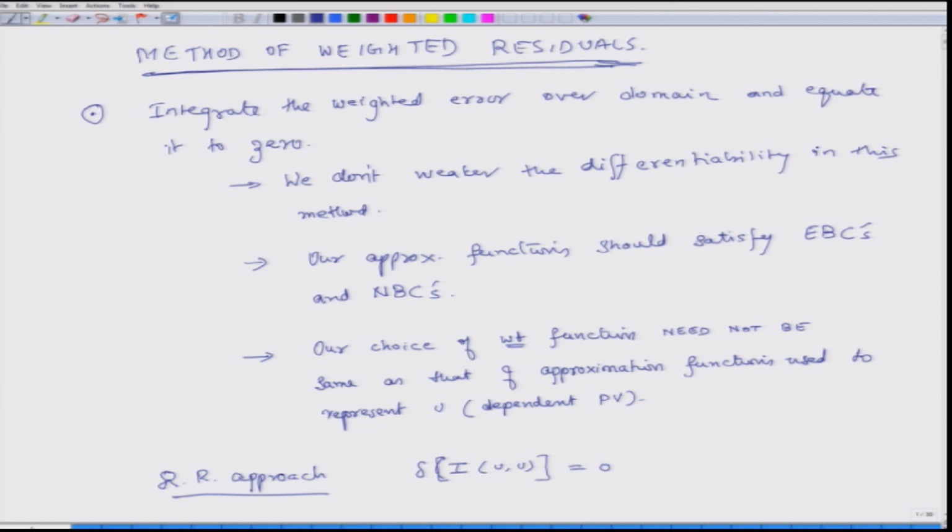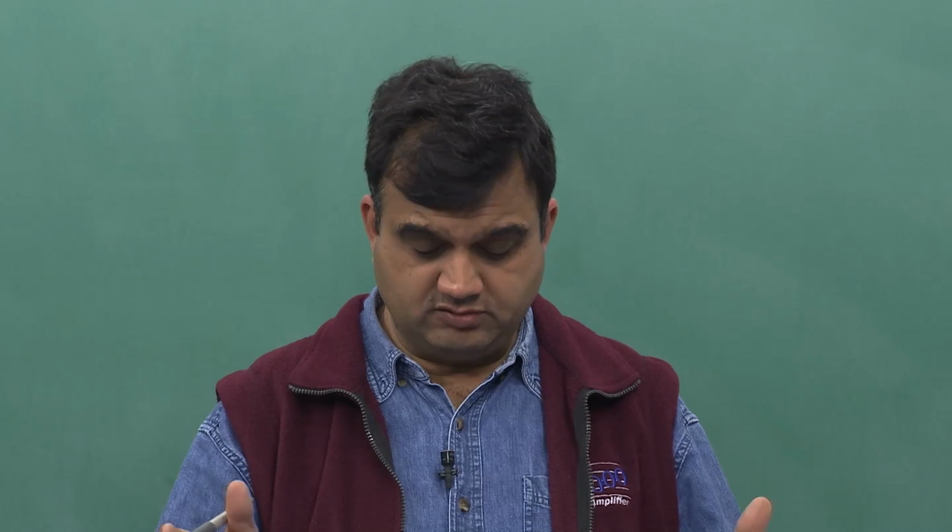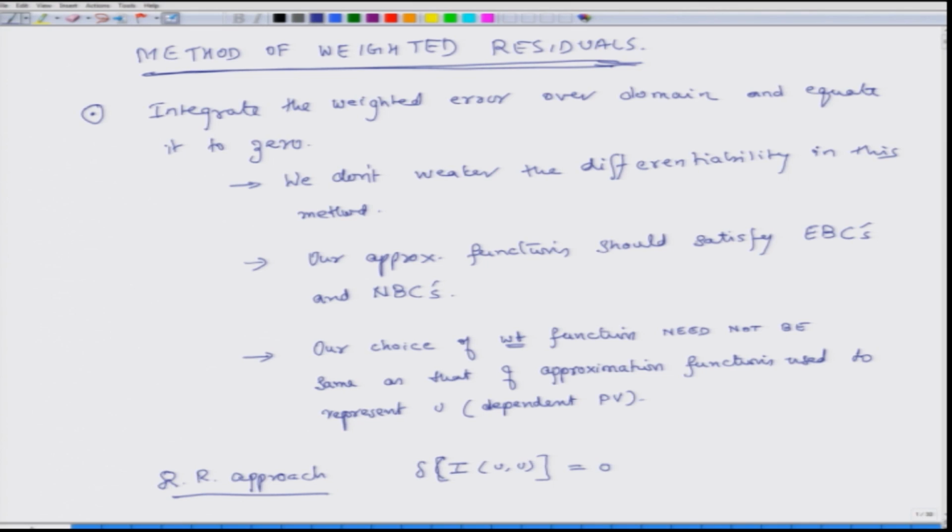The interpretation that the first variation of this bilinear symmetric functional I is equal to 0 meant that there is some function which is getting minimized. There is no reason to think that all functionals will be necessarily bilinear and symmetric.